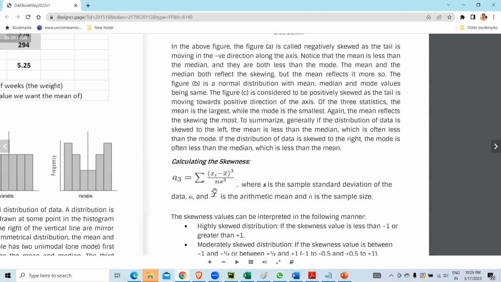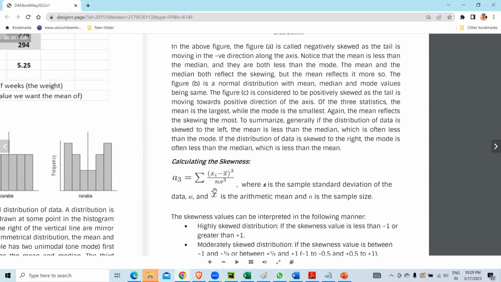Sigma stands for summation, so you will add each of those. First value minus average cubed, plus second value minus average cubed, plus third value minus mean cubed, and so on. You add all of them and divide by n s cubed, where n is the number of values and s is the standard deviation.